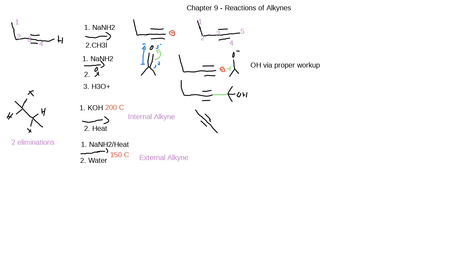Now for the external alkyne, it's going to look like this, where we have a triple bond between carbons 3 and 4 rather than 2 and 3. Okay? So depending on what you need, external or internal, your reagent will change. Okay, and you have to know both of these because both of these could be answer choices.